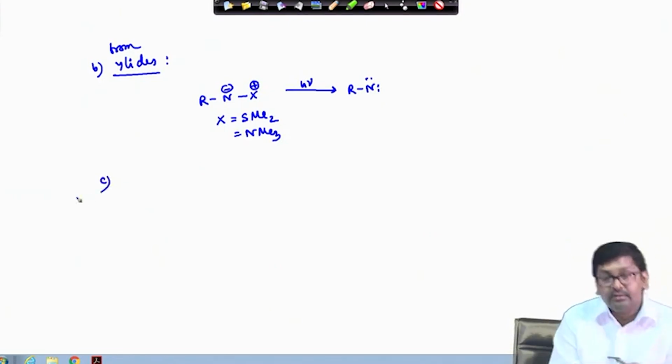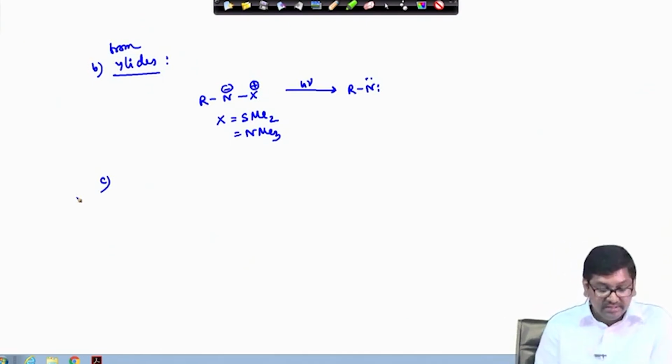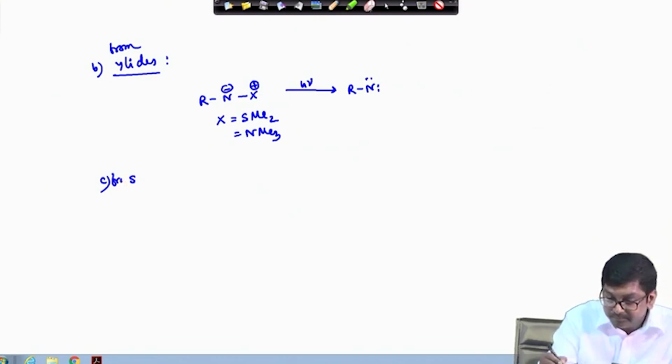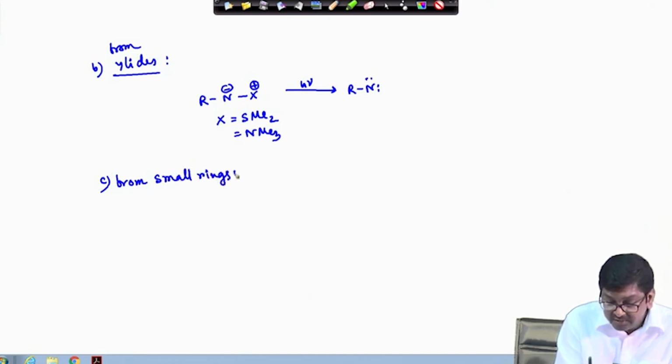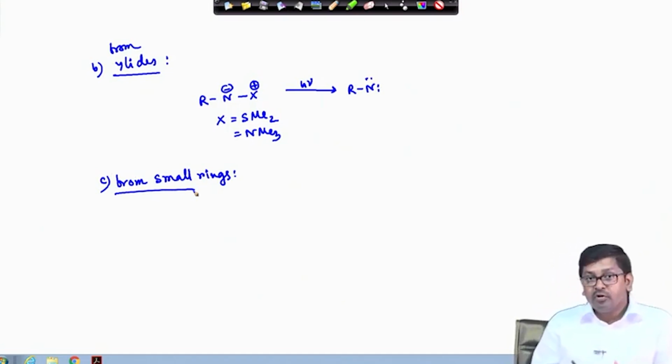Another precursor for the synthesis of these nitrene species could be small rings. In case of carbenes, we have seen that small rings like epoxides can be converted into carbenes under thermal or photochemical irradiation.